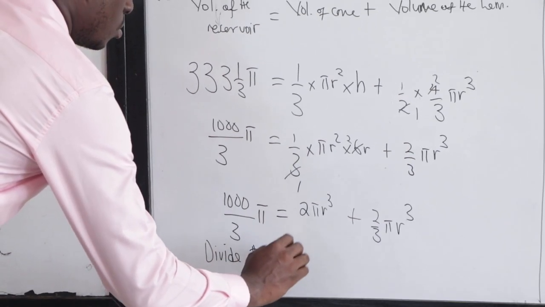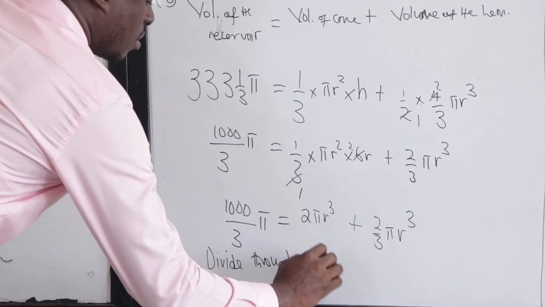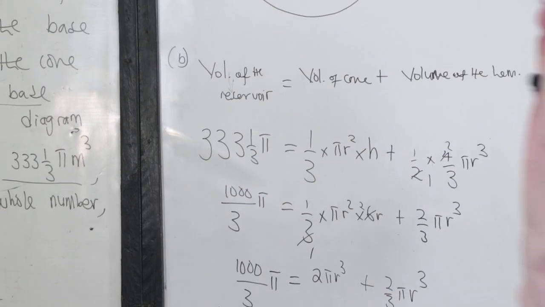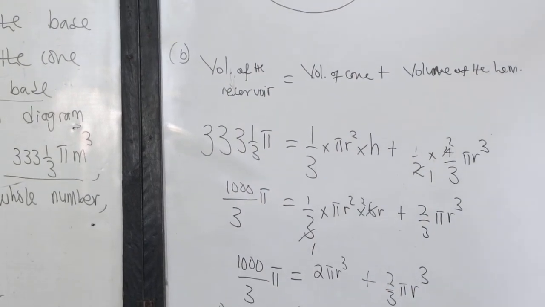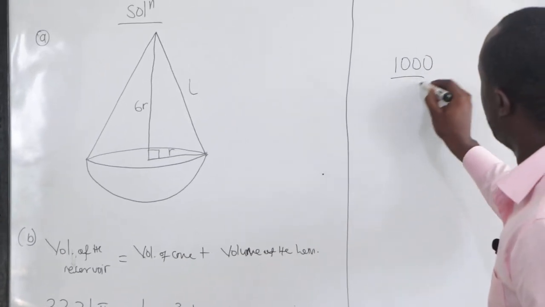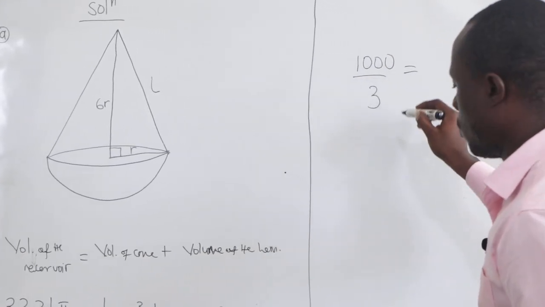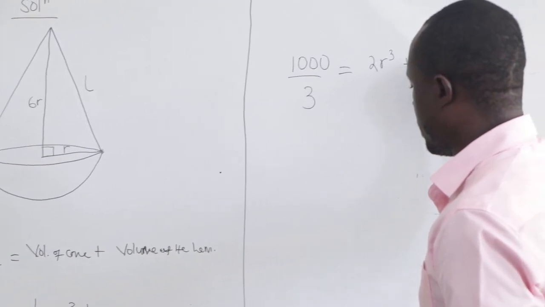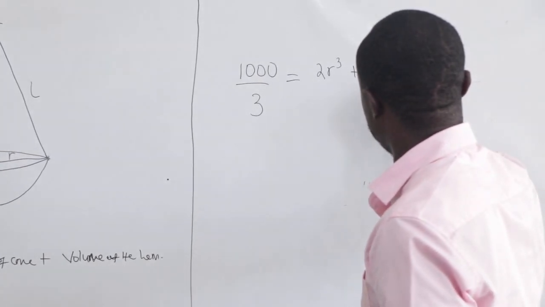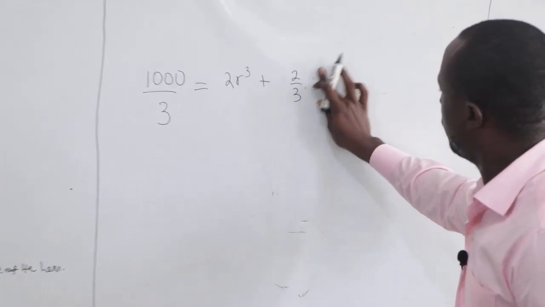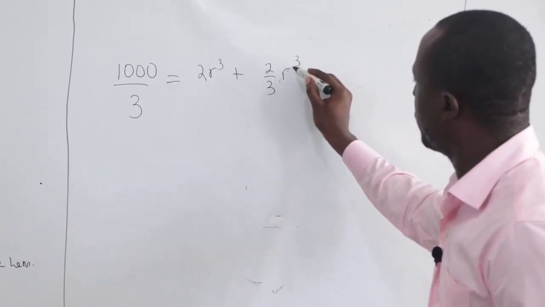When you divide through by pi, we are going to get 1000/3 equal to 2r to the power 3 plus 2/3 r to the power 3, since the pi is gone.